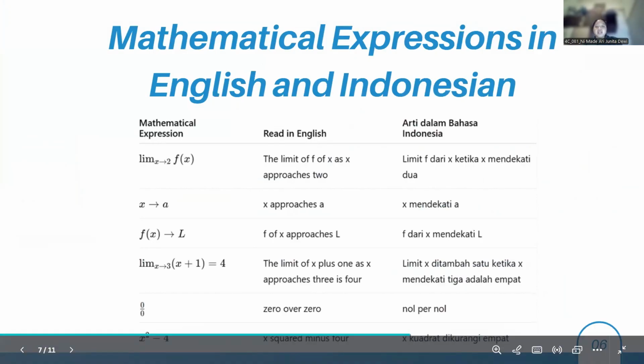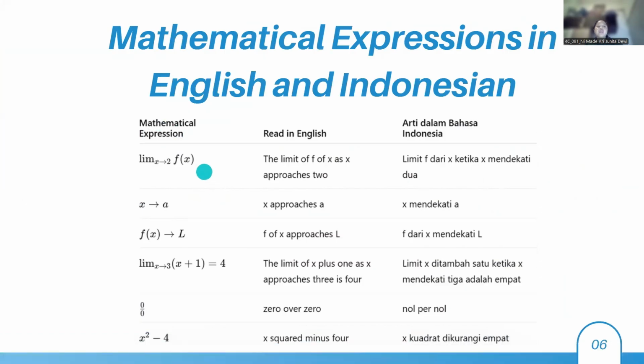Now, the expression in English. On the table is the expression of a limit: the limit as x approaches 2 of f(x). We read it as the limit of f of x as x approaches 2. Next, x approaches a is read as x approaches a.